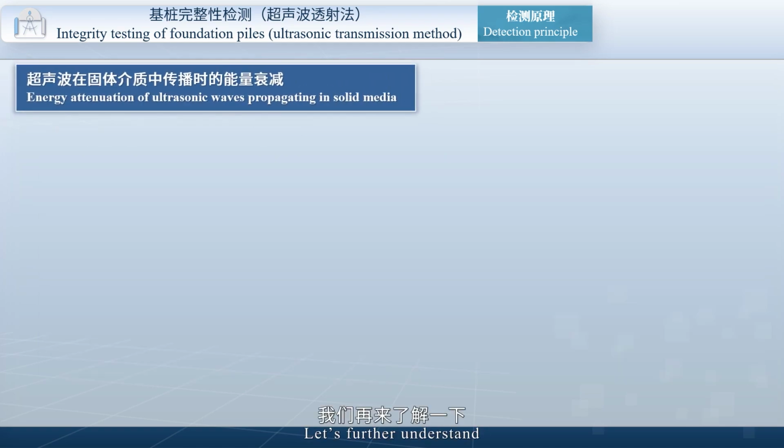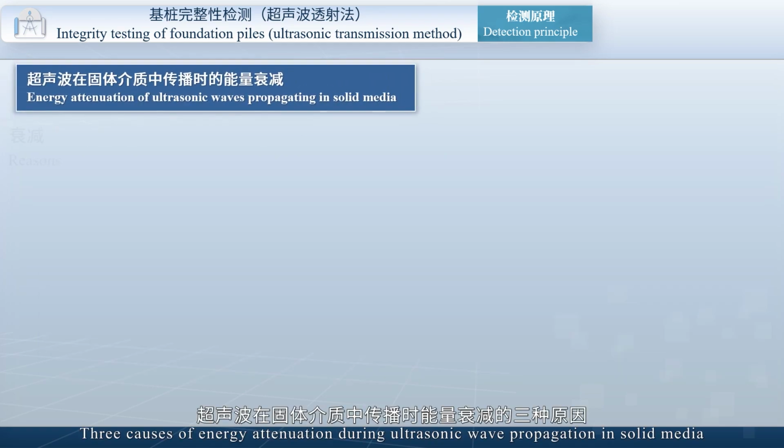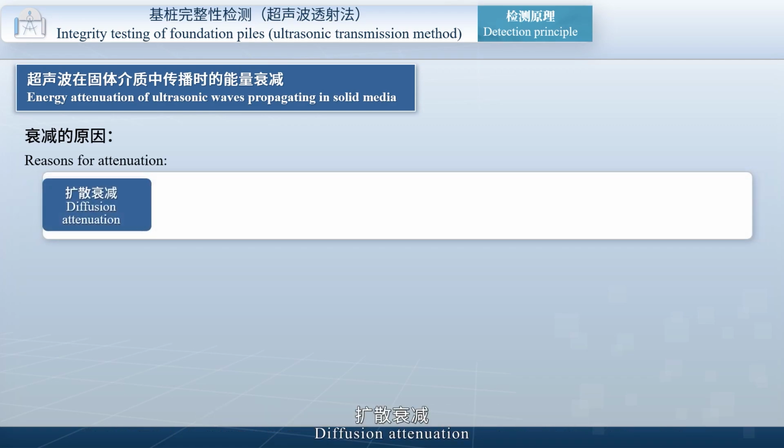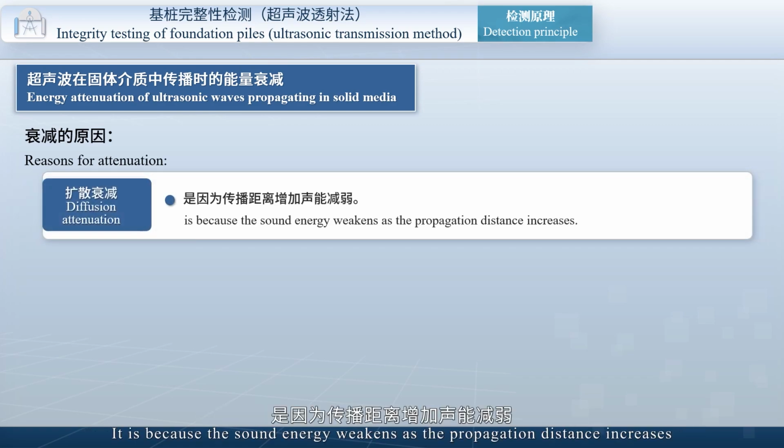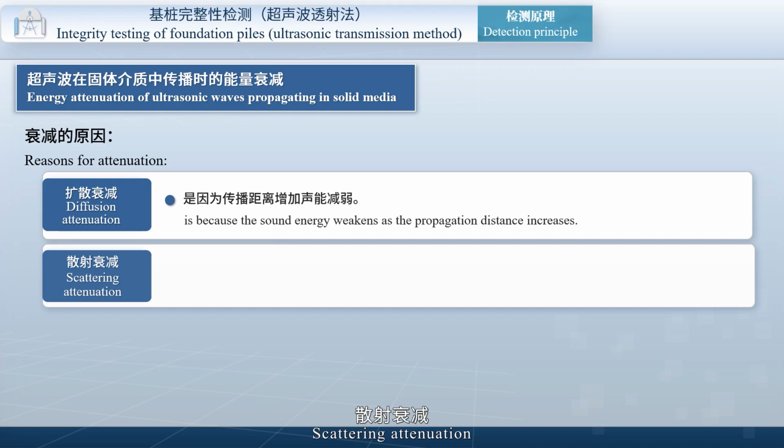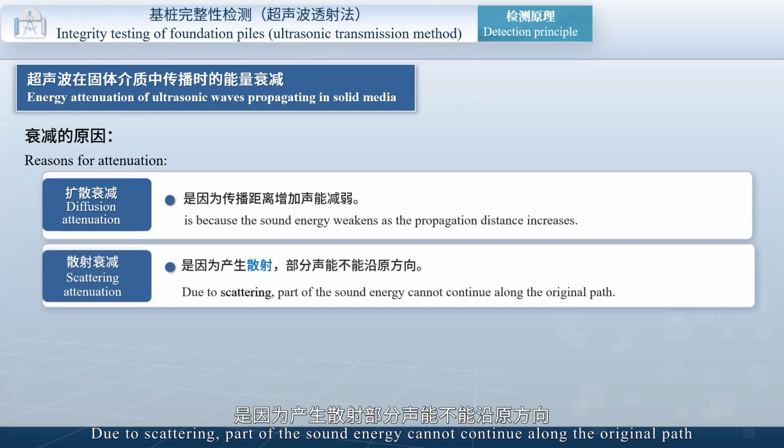Second, let's further understand three causes of energy attenuation during ultrasonic wave propagation in solid media. Diffusion attenuation is because the sound energy weakens as the propagation distance increases. Scattering attenuation: due to scattering, part of the sound energy cannot continue along the original path.